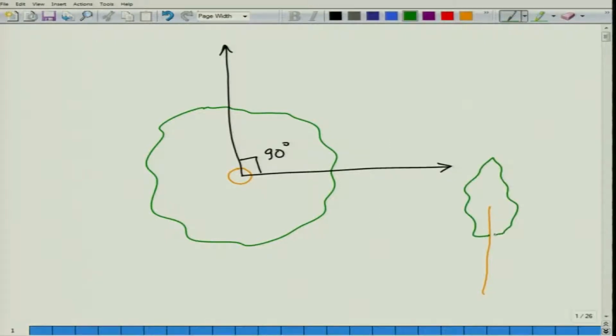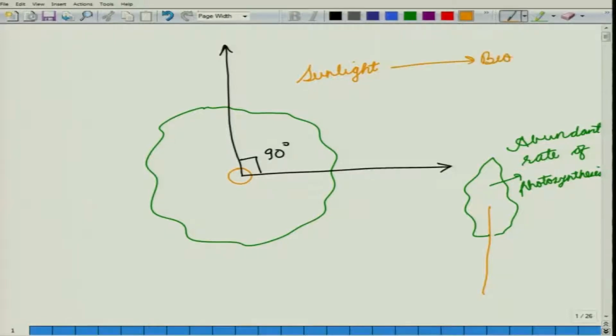A good crown will tell us that it has an abundant rate of photosynthesis. Now, photosynthesis is the reaction by which sunlight gets converted into biomass.